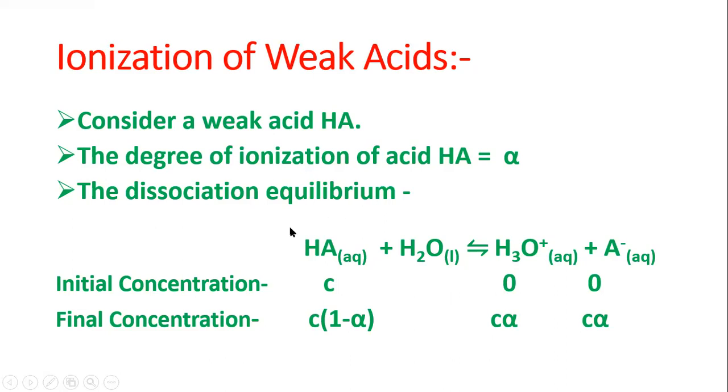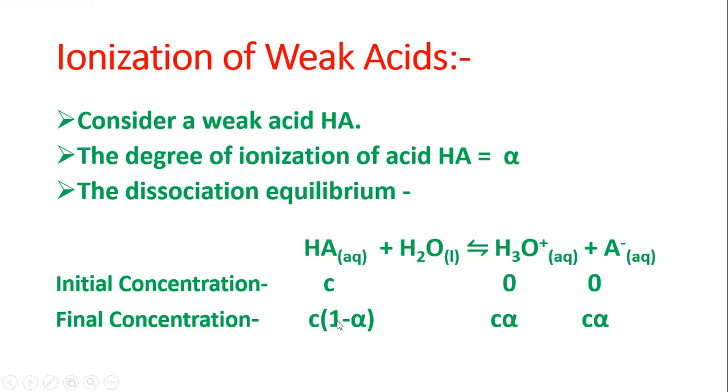And the final concentration is the concentration of HA and ions after equilibrium is established. So once the equilibrium is established between these undissociated molecules and the ions, that is the ionic equilibrium is established, the final concentrations are shown here.